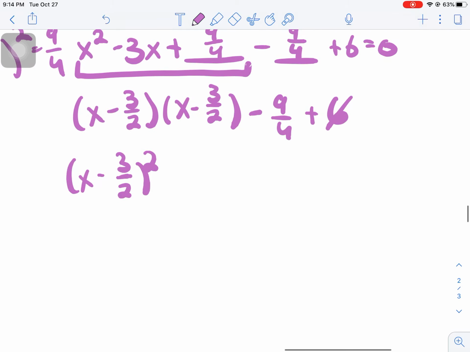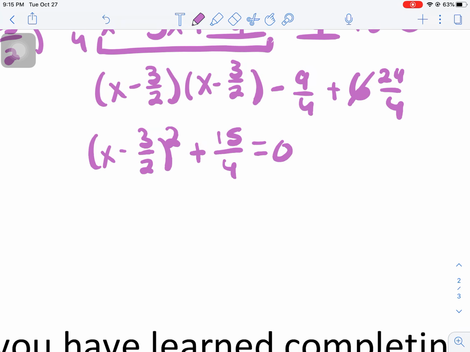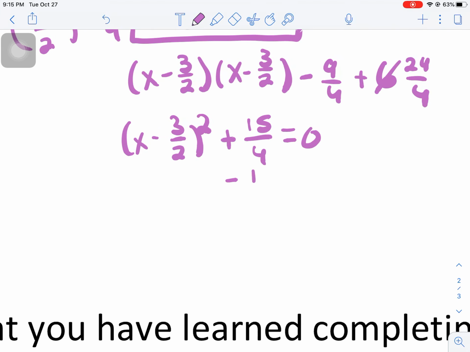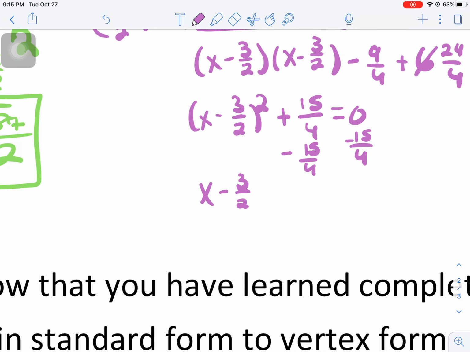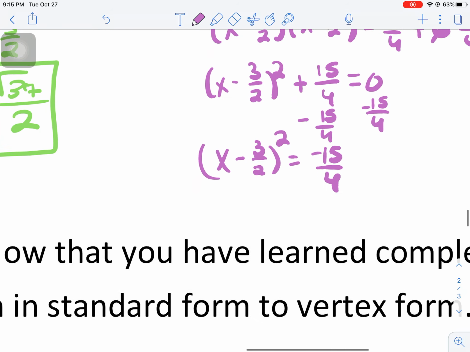So this could be really written as 4 times 6 is 24/4. So it's going to be positive 15/4 is equal to 0. Subtract 15/4 from both sides. You get x minus 3/2 squared is equal to negative 15/4.